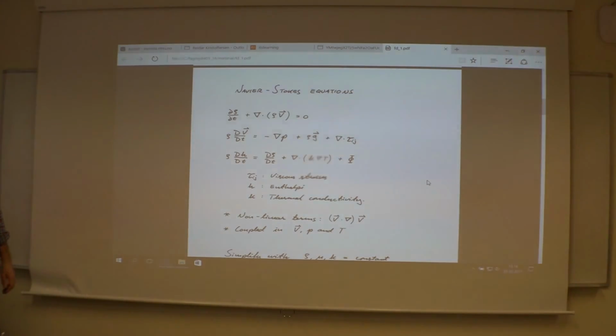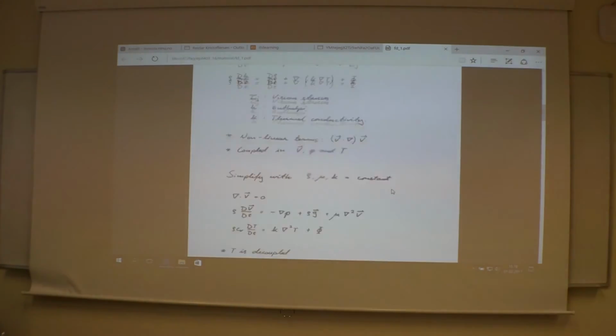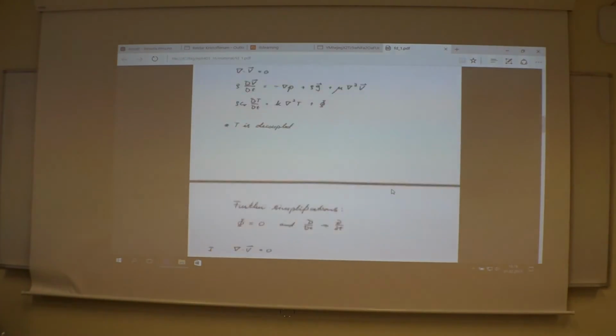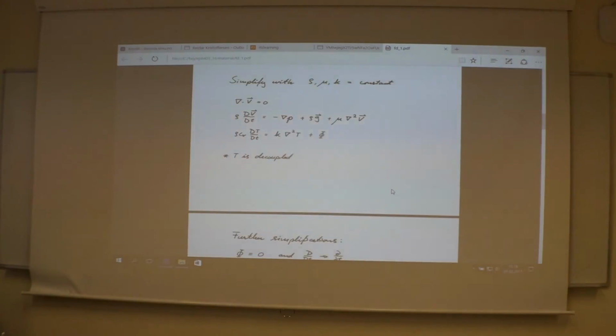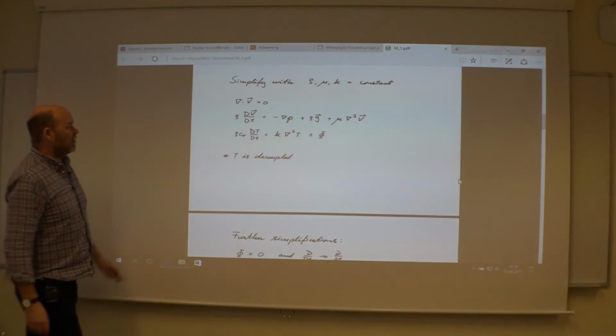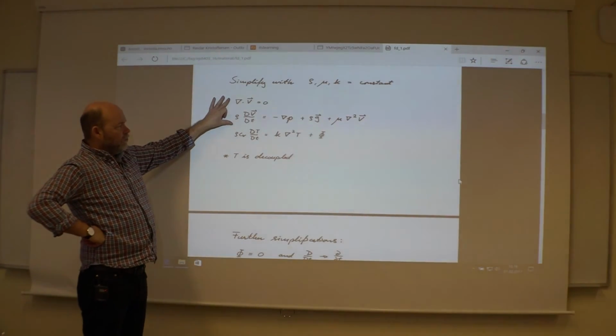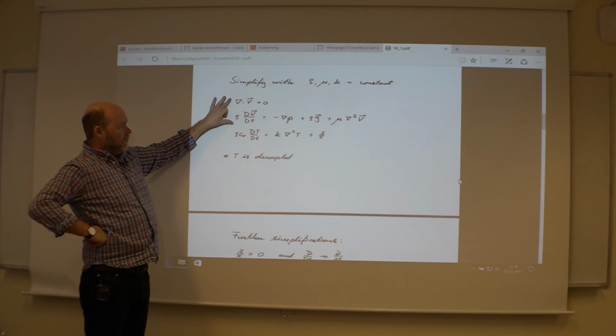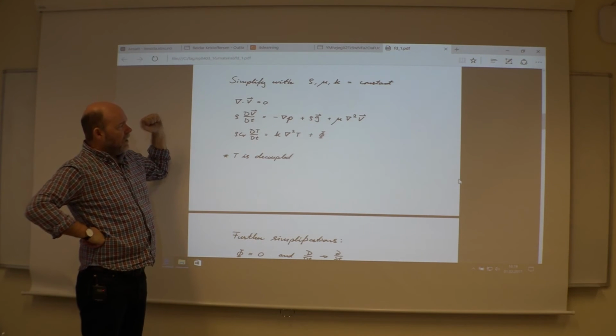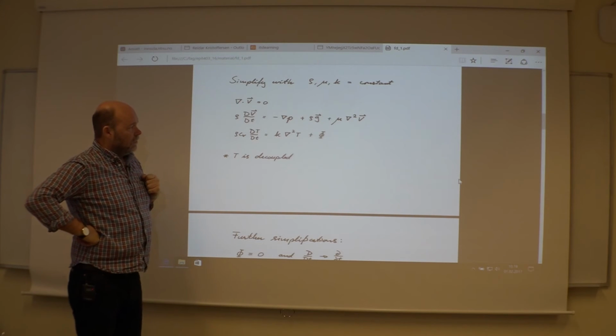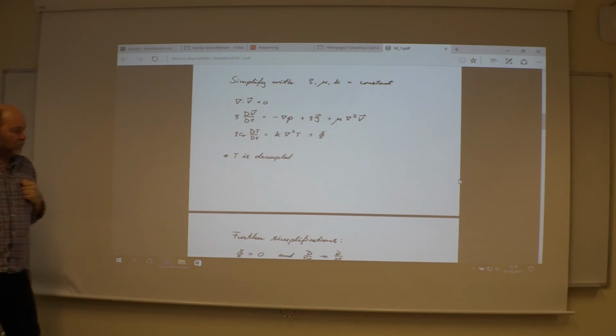So now, depending on how you simplify your problem, if you jump to incompressible flow here, then you lose the hyperbolic nature. Nothing here is hyperbolic. So here it's elliptic and parabolic, not hyperbolic anymore.